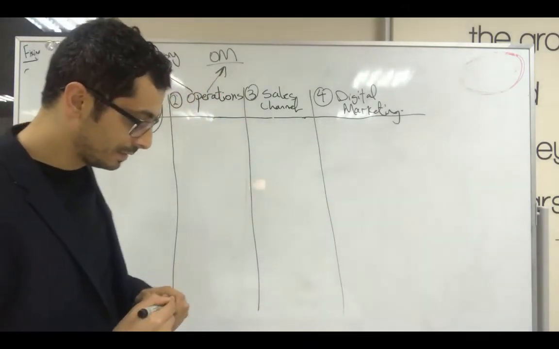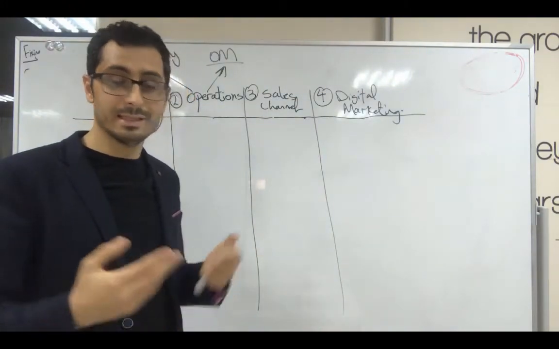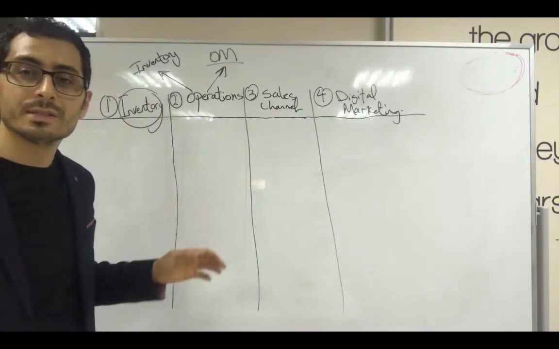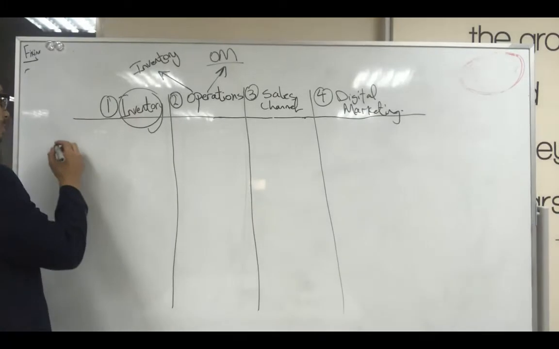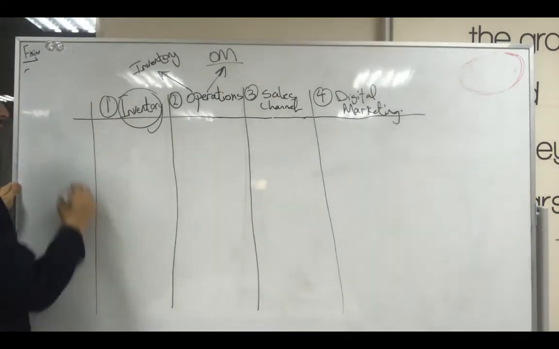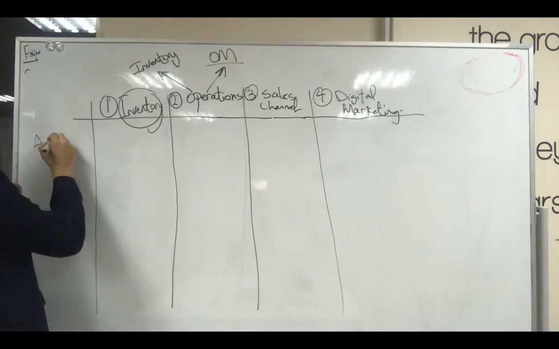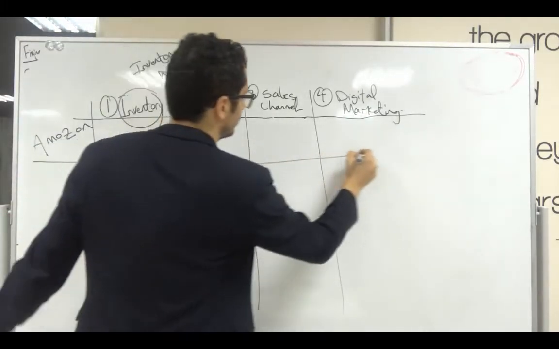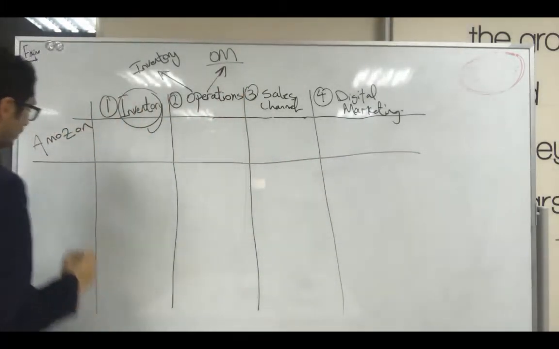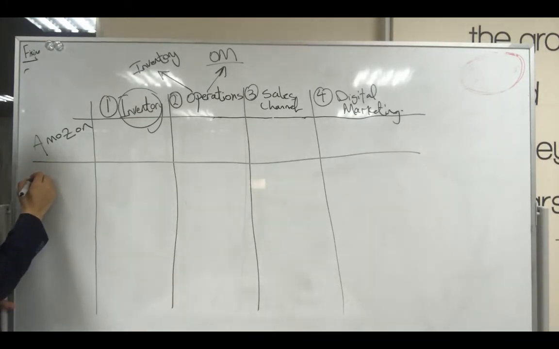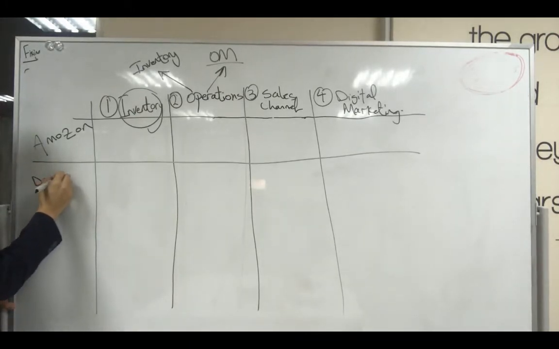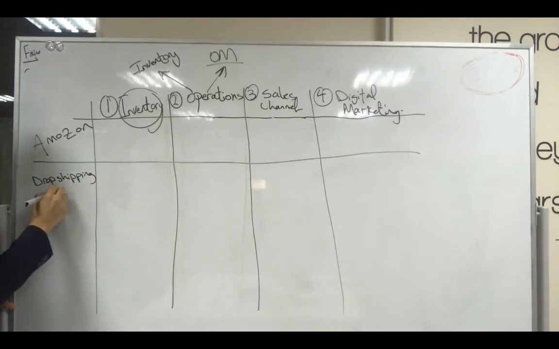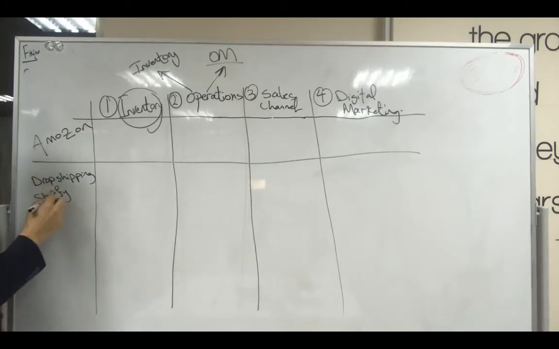Let's talk about different examples and see which components you actually need to do yourself in each one of those examples. So let's say the first example could be an Amazon store. The second example could be drop shipping, a Shopify store, and we're going to tell you what drop shipping is in just a few seconds.